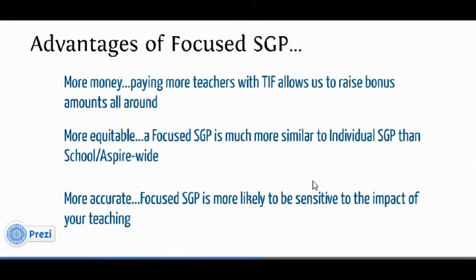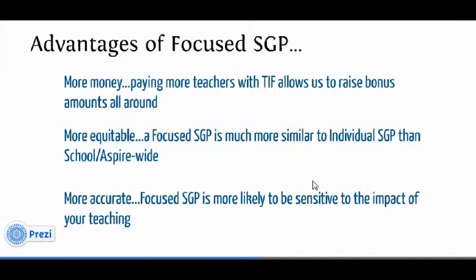So here are the advantages of a focused SGP as we see it. The first is that there's going to be more money overall for paying bonuses. By bringing more teachers under the TIF umbrella, we can raise the bonus amounts all around for both focused teachers, tested teachers, basically everyone who's part of TCRP. Secondly, we see a focused SGP as being more equitable and more accurate.